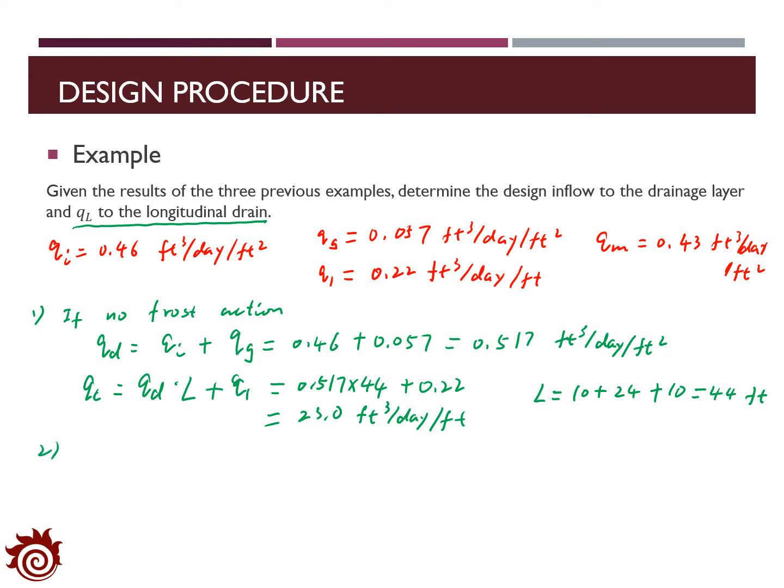And if we have the frost action, then Qd will equal to Qi plus Qm. So that is 0.46 plus 0.43, that is 0.89.